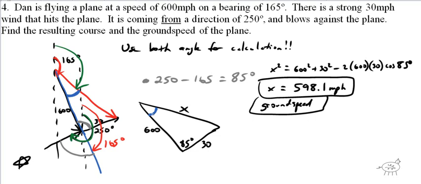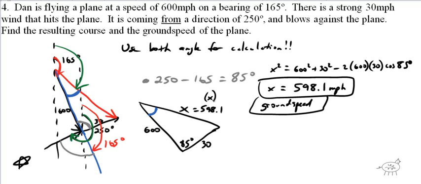So basically what I'm going to do is, now that I have that 598.1 miles per hour, by the way, we're going to store this in x because we already used x here, because we're going to use that value, and I don't want to use a rounded value.